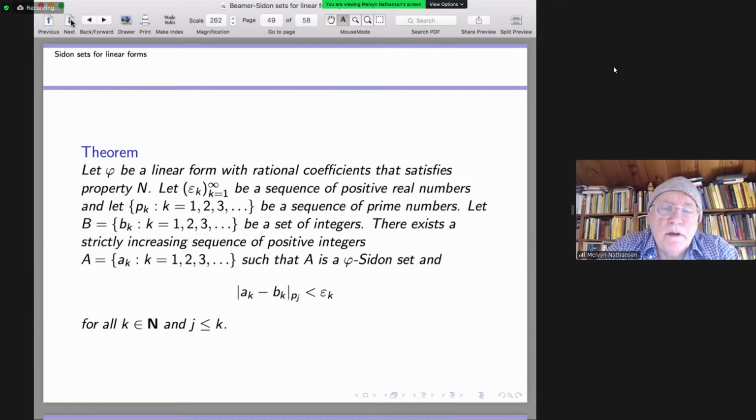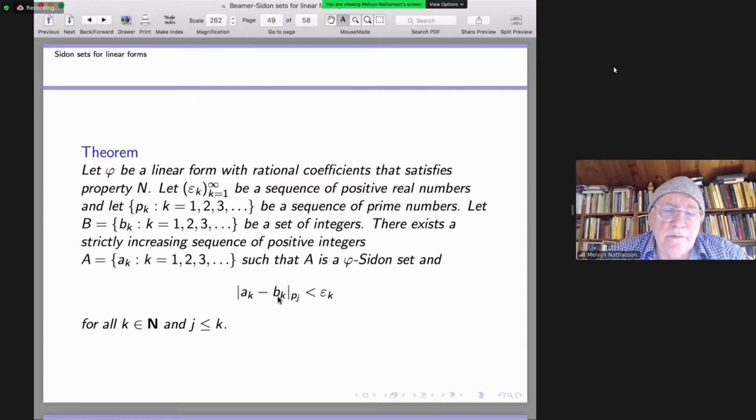So there always exists a strictly increasing sequence of integers which is a phi Sidon set. It's a Sidon set with respect to this rational linear form.